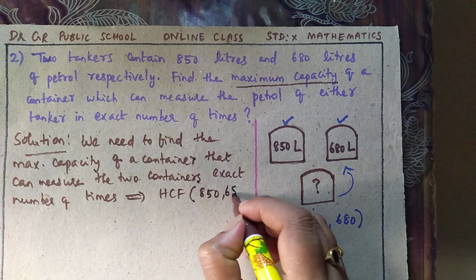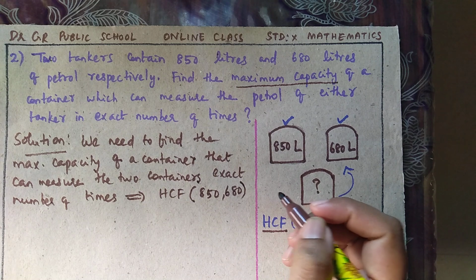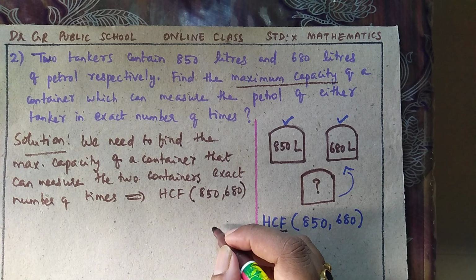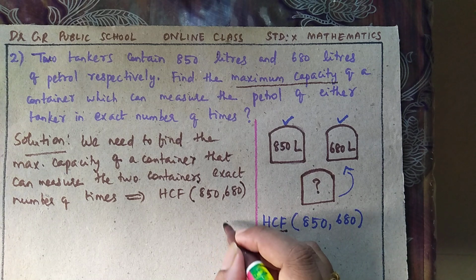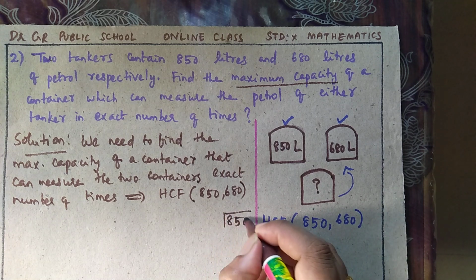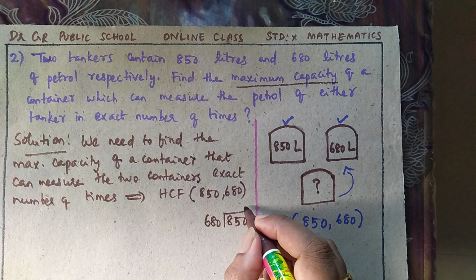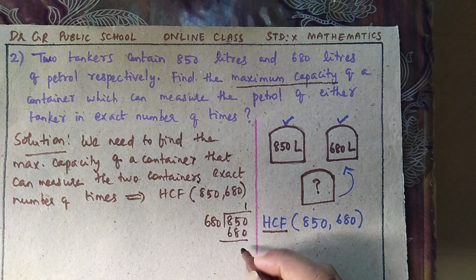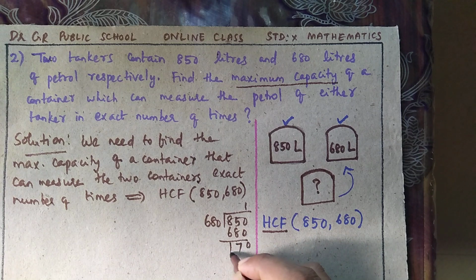850 and 680. So again we are doing application of Euclid's division lemma. We can divide 850 by 680. So we get 1 times 680, the balance is 170.